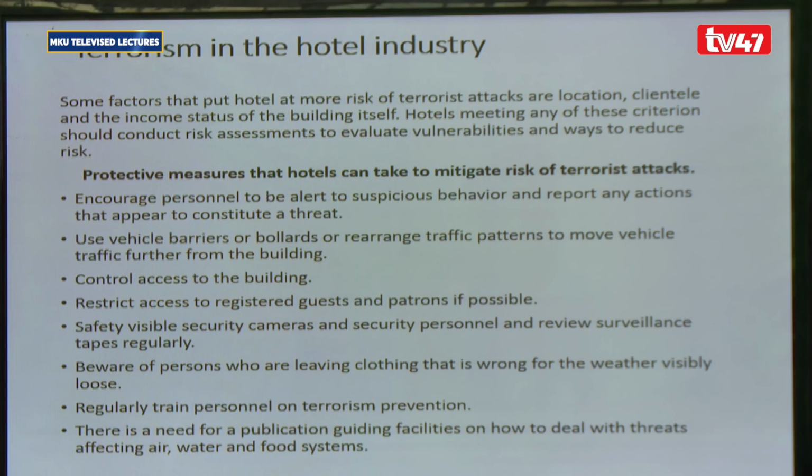One is to encourage personnel to be alert to any suspicious behavior and report any actions that appear to constitute a threat, which means the employees must be trained on how they can identify any person who can be a threat to the establishment, and then they can be told to report that kind of behavior.